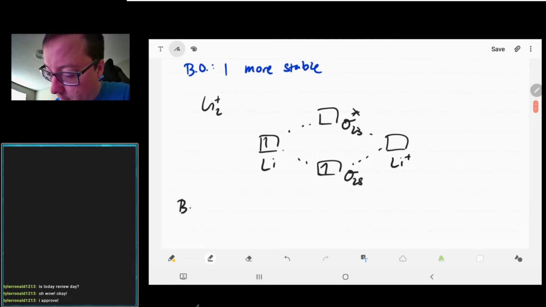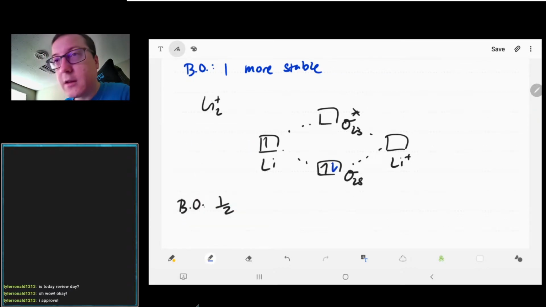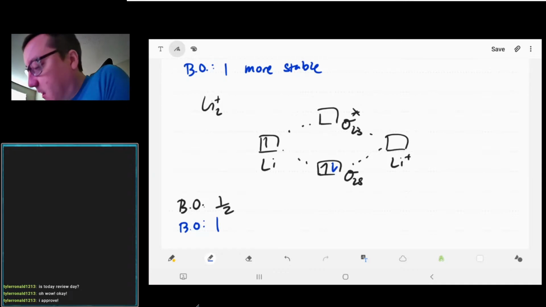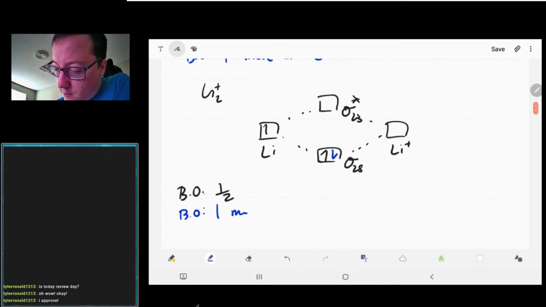Bond order for that is 1/2. If we put in another electron in blue, we would get 1. Hooray. So again, that extra electron is going to make this more stable. Let me write that: more stable.